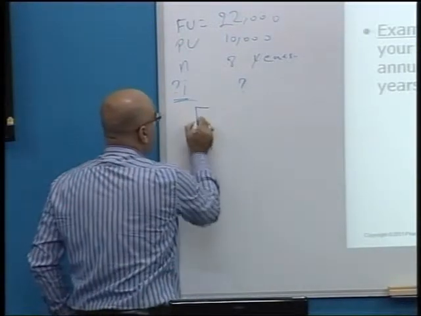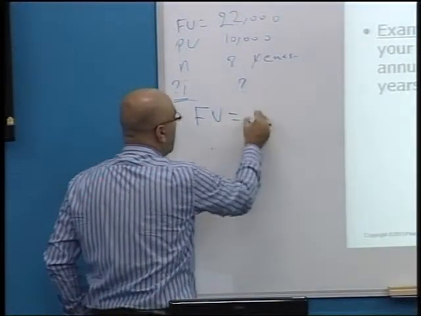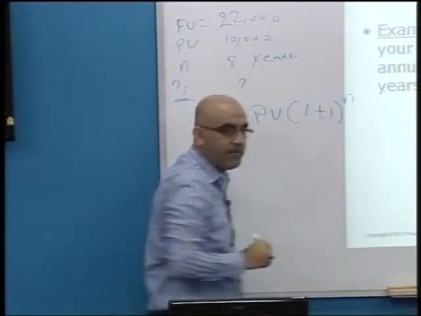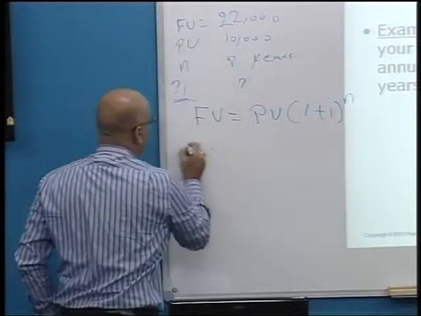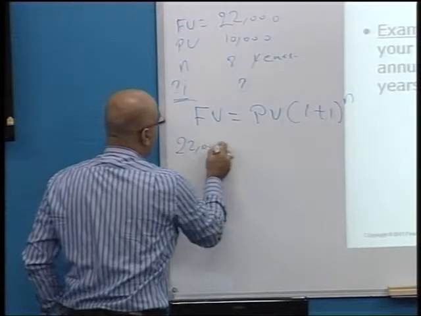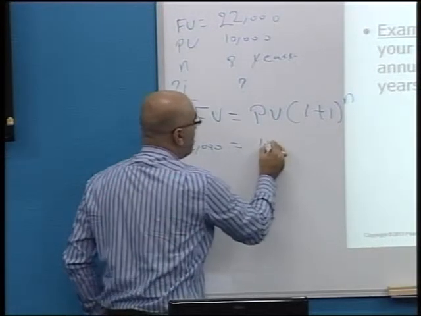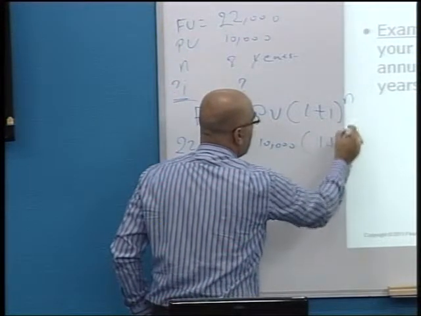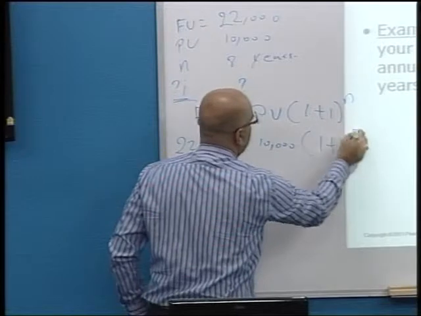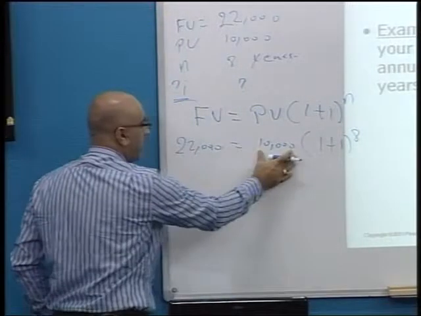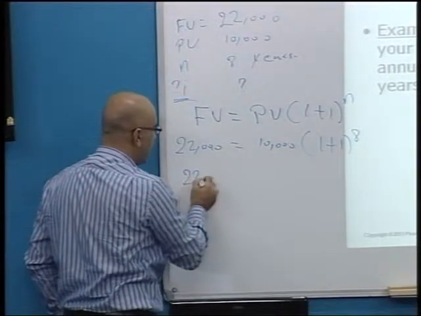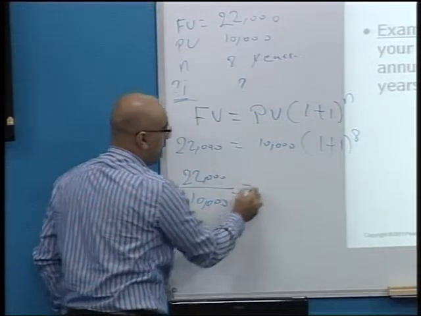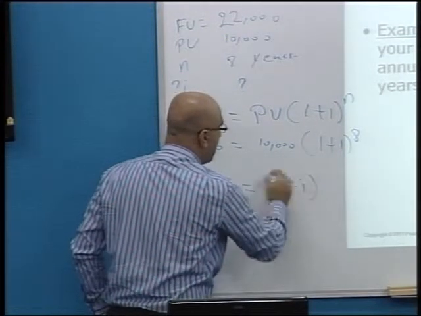Write down the formula like this. Future value is equal to the present value times 1 plus I power n. So the future value 22,000 is equal to the present value 10,000 times 1 plus I, we don't know I, power 8. Now this comes here, so 22,000 divided by 10,000 is equal to 1 plus I power 8.